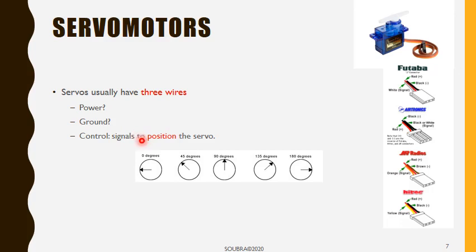Depending on the signal, we'll have a servo not rotating at all, rotating at 45 degrees, 90 degrees, all the way up to 180 degrees. So the question is, what kind of signal do you think we're going to use here?